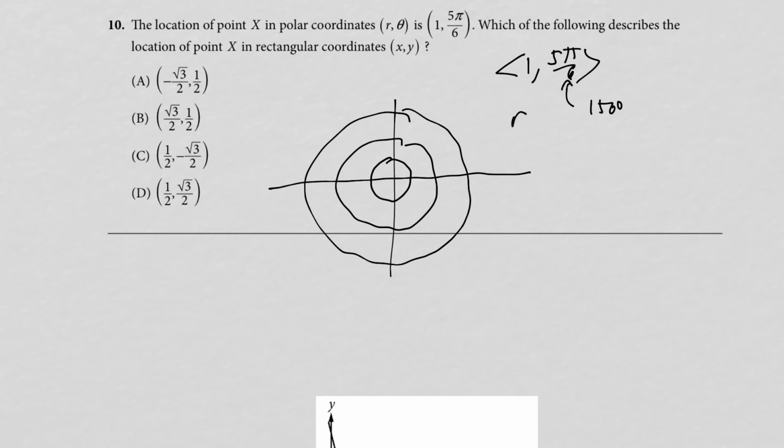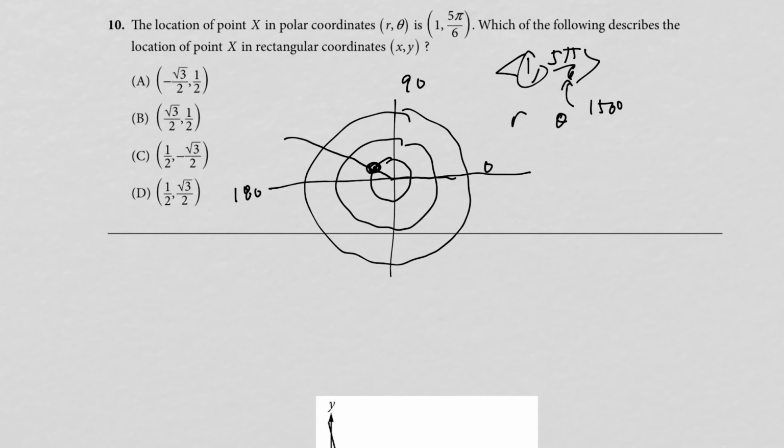And this is r and that's theta. So 5 pi over 6 means that I'm over here at 150 degrees. This is 0, 90, 180. So this is around 150. And the 1 is which circle I'm on. So we have that point.